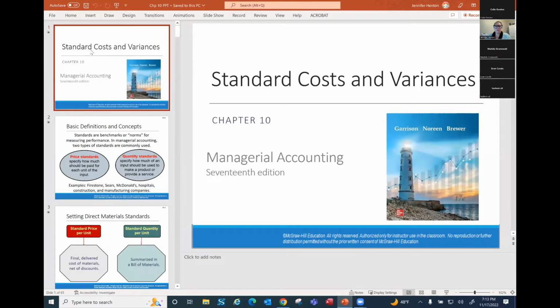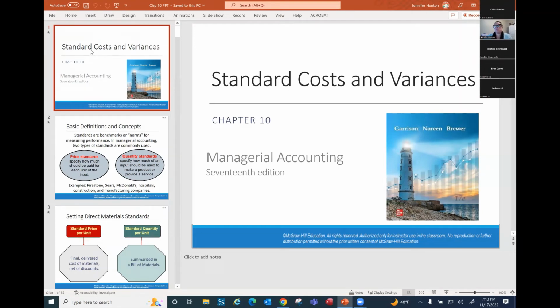Okay, so we're going to move on to chapter 10. So we have standard cost and variances. Standard cost is basically like an estimated cost and estimated hours that we come up with. And then we're going to be comparing that to what did we actually pay out?